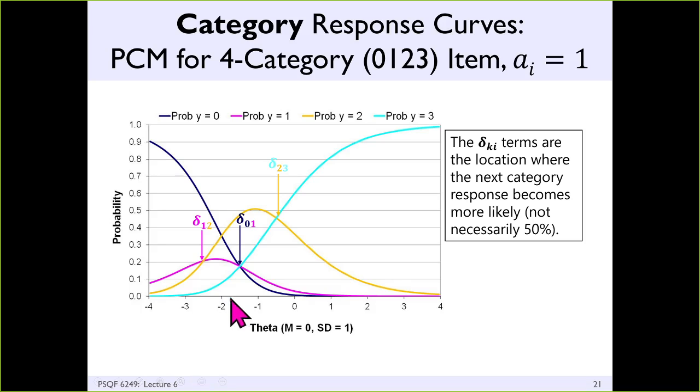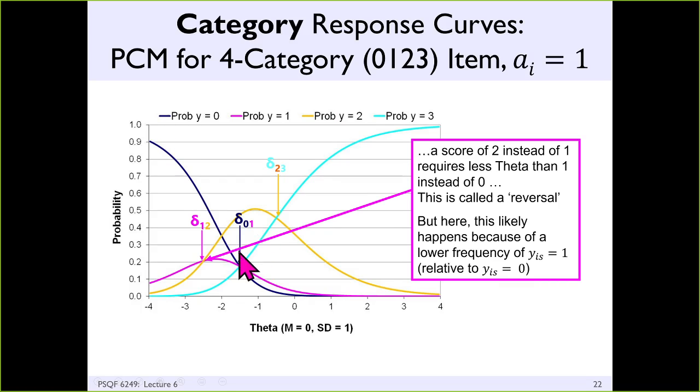At -2, that is where pink is most likely, but that's not a model parameter because 0 versus 2 is not in the model. The model is 0 versus 1, 1 versus 2, and 2 versus 3. So there's nothing in the model parameters that directly contrasts 0 versus 2. I think you could work out what it would be algebraically, but that's not given directly as a model parameter.